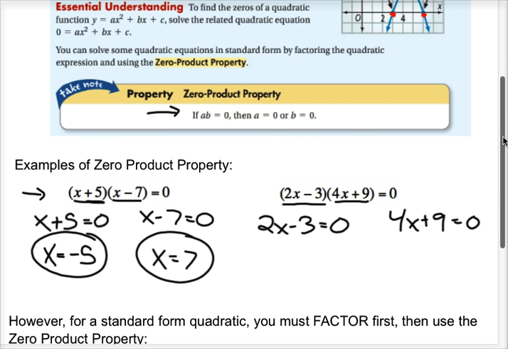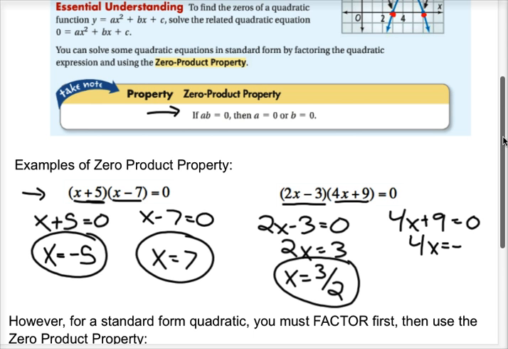So that 2x minus 3, well, I'm going to add the 3 over, and I'm going to divide by 2, which gives me x equals 3 halves. On this side, I'm going to subtract the 9 to the other side, and I'm going to divide by 4. So that's how I get my two solutions here. Those would be the 2 points that the graph would cross the x-axis.